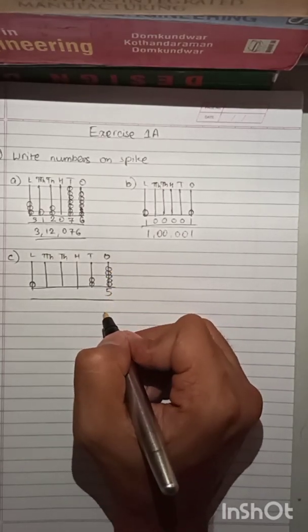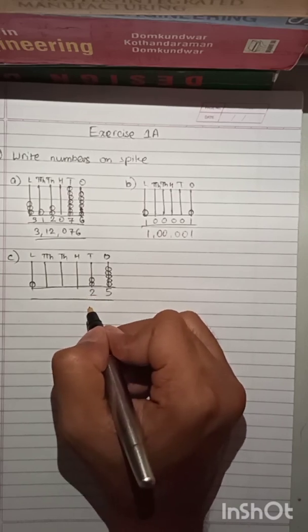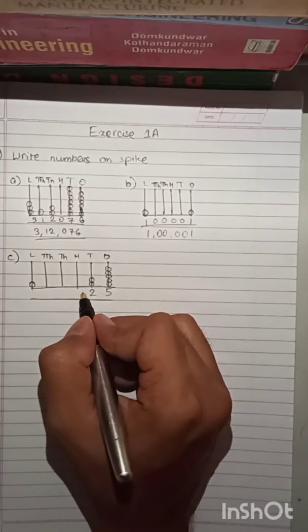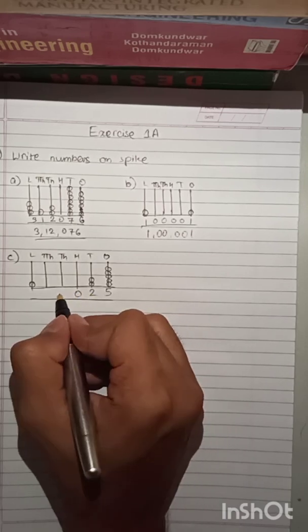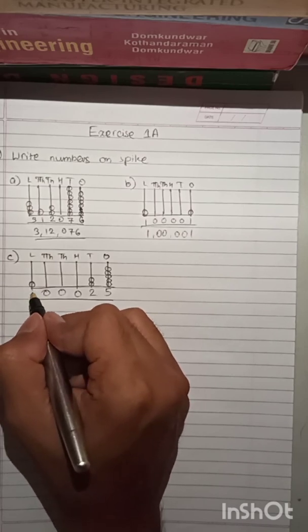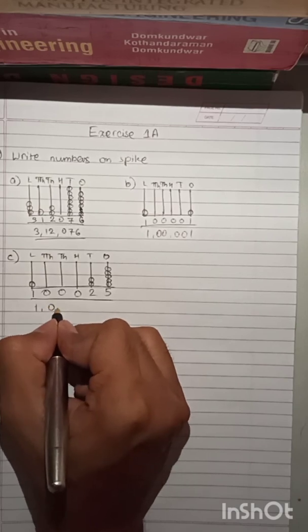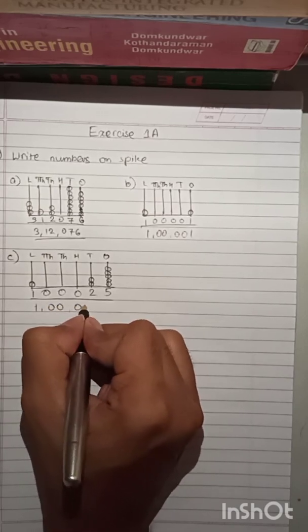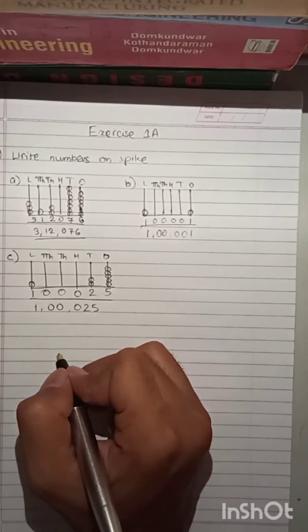So I'll write 5 here. Now I have 2 beads on tens line. So I have 2 here. Now I don't have any bead here, neither here nor here. I have 1 bead on the lakh spike. So we get 1 lakh and 25. Okay, it's quite easy.